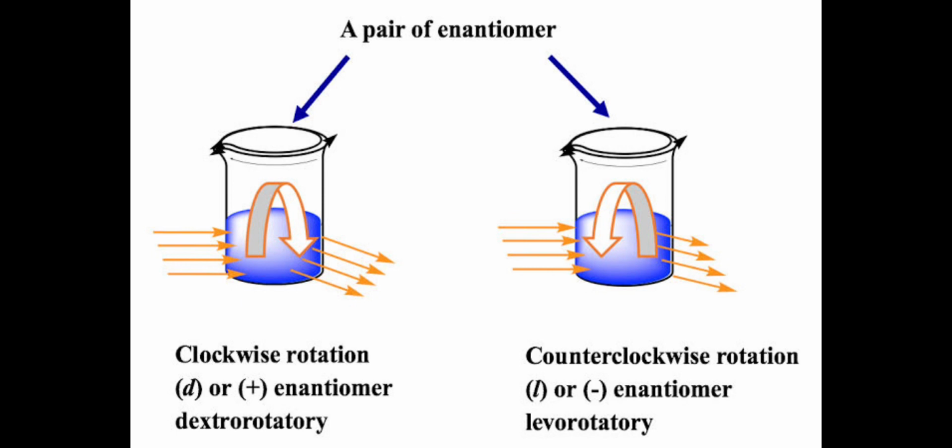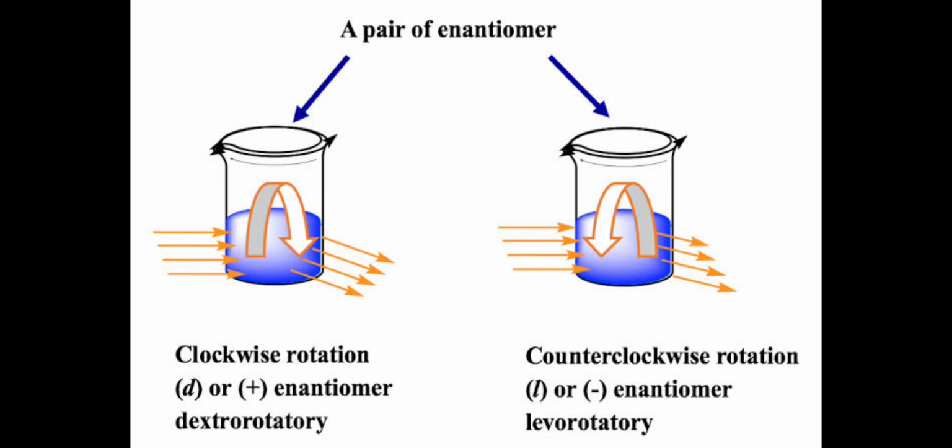I'm sure you've heard of that word before. And therefore, that's positive. We know dextrorotatory is from a Latin word, dexter, that means right. But if the chiral molecule makes the light turn to the left, it's going to be counterclockwise. That's negative, and we call that levorotatory.